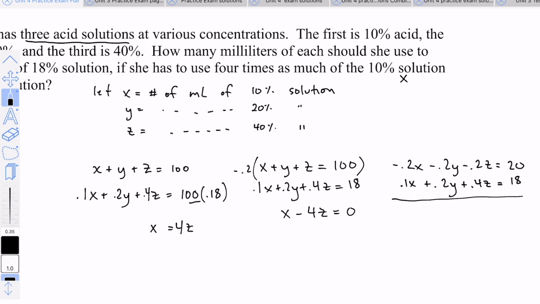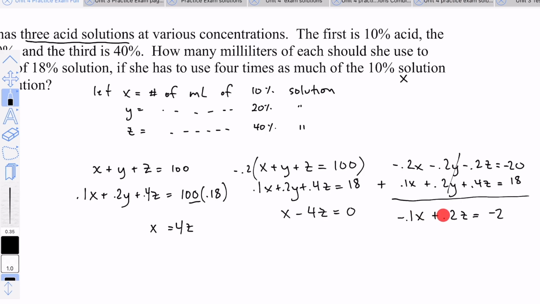So now I have opposite coefficients here for the y variable. So I can add and eliminate the y variable. And actually, this needs to be negative 0.2, or negative 20, because I multiplied by negative 0.2. So that needs to be negative 20. And I get negative 2 right there.